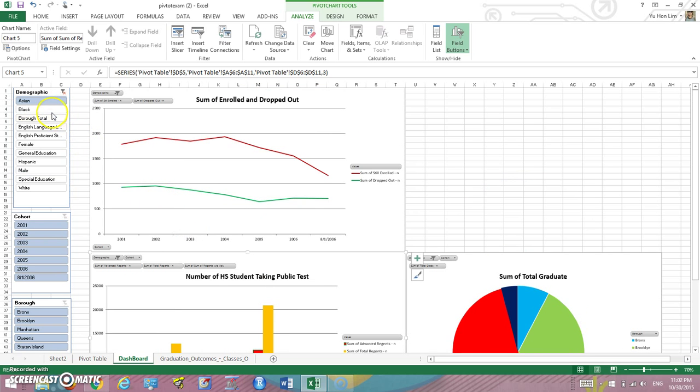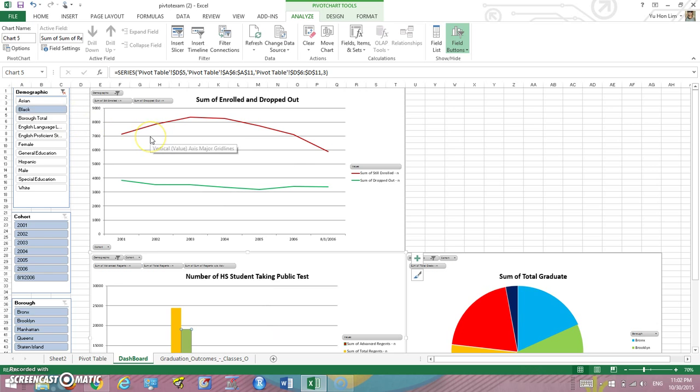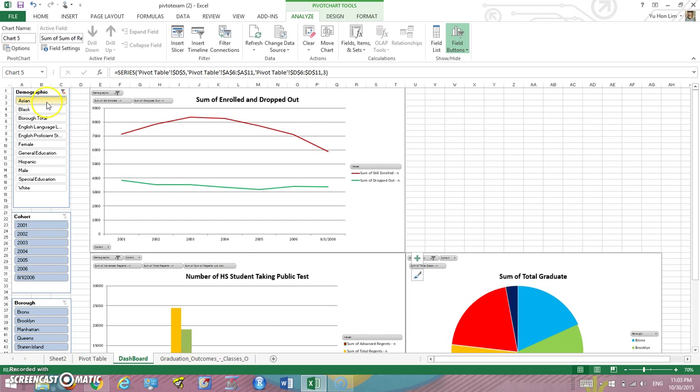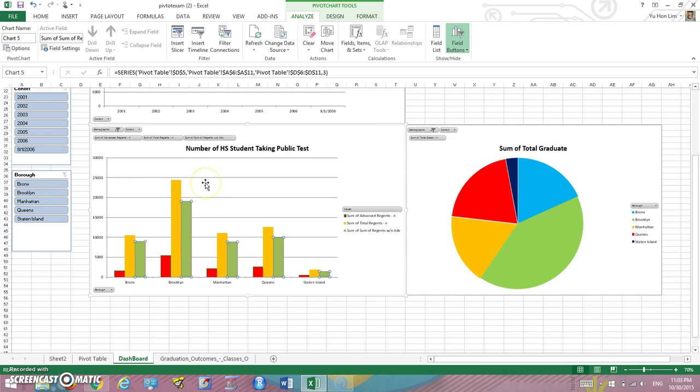And now let's look at the Black students. Almost 8,000 African Americans enroll in high school, and about 4,000 of them drop out. It is a lot of students dropping out, and just like the Asians, it is almost 2 to 1 too.